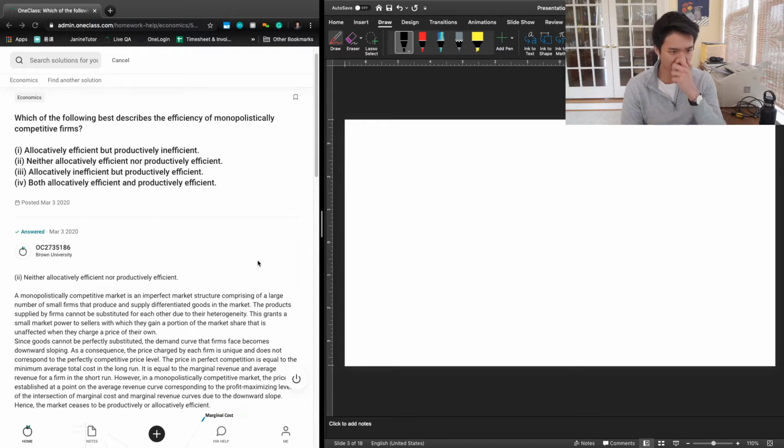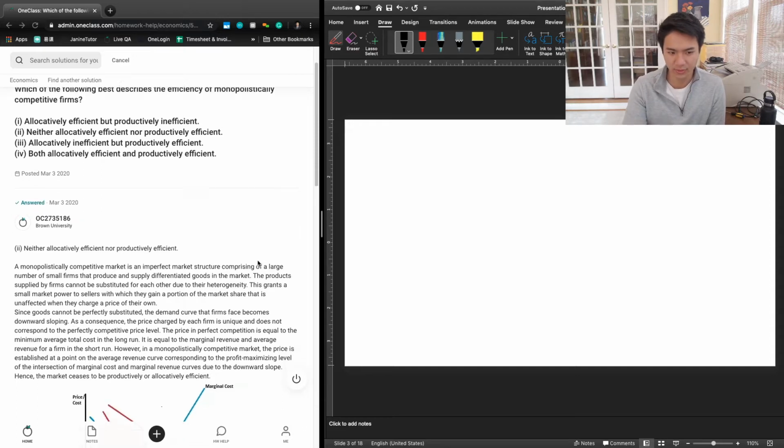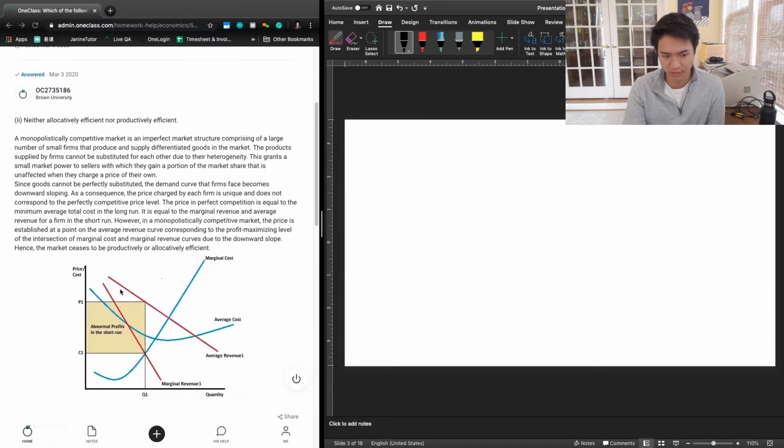And so the first thing we have to know is the market structure for a monopolistically competitive firm. I believe the previous tutor had included a chart, so we're just going to use theirs, so it's much prettier. And so this is a good indication of what monopolistic competition looks like. The big differentiating factor is that we have both an average revenue curve, which is like a demand curve, and then we also have a marginal revenue curve, which is a steeper version of the average revenue curve.